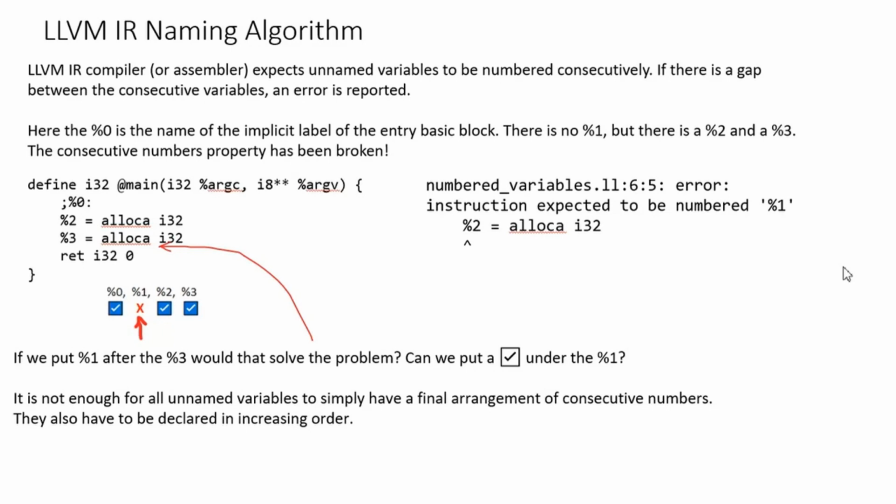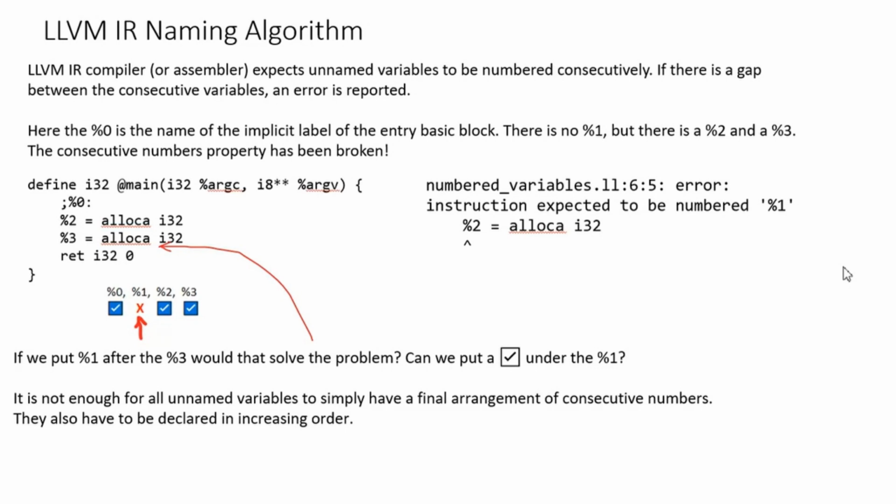It says your instruction was expected to be numbered %1. So it's because the variables need to be numbered consecutively. It is not enough to just have various numbered names. They also have to be declared in increasing order.